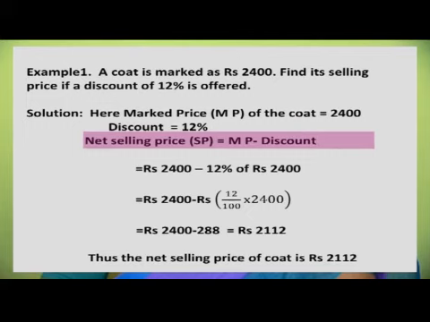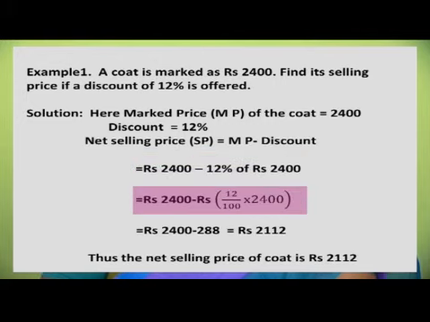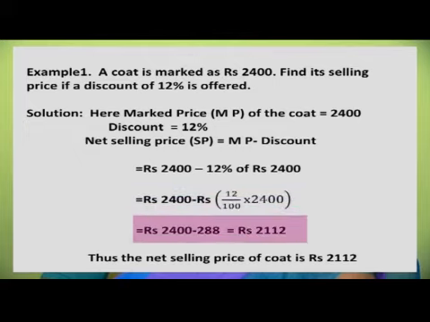So, net selling price SP is equal to market price minus discount, which is equal to rupees 2400 minus 12% of rupees 2400, which is equal to rupees 2400 minus rupees 12 by 100 into 2400, which is equal to rupees 2400 minus 288, which is 2112. So, the net selling price of the coat is rupees 2112.